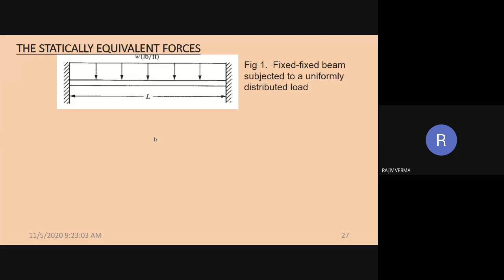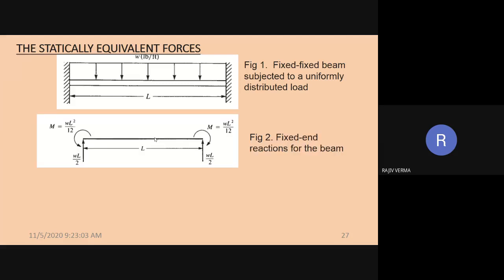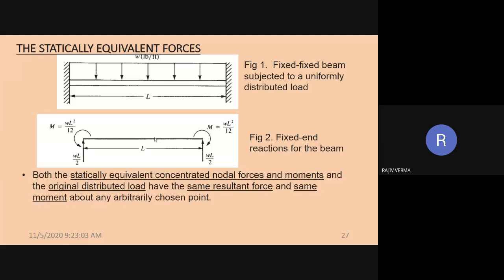Now, when this load acting is supposed to be transferred to the nodes, what we simply do is that we simply find out the reactions at the two nodes, and then we invert the reactions.